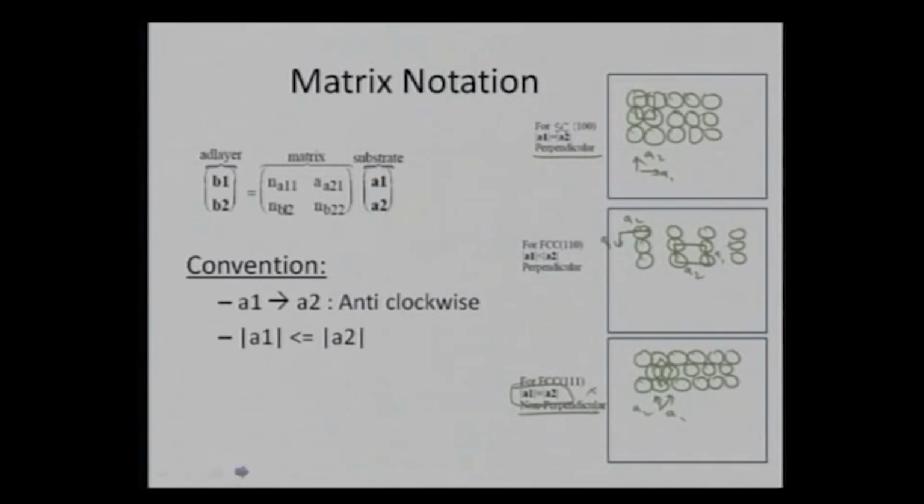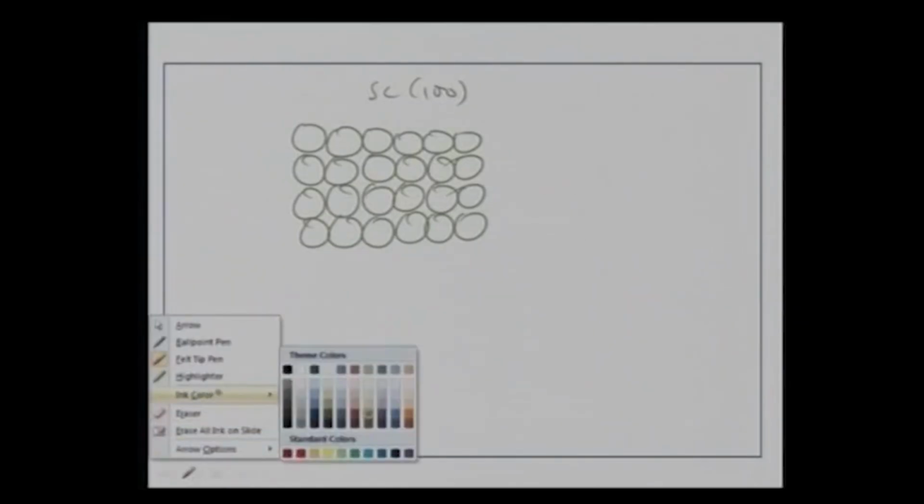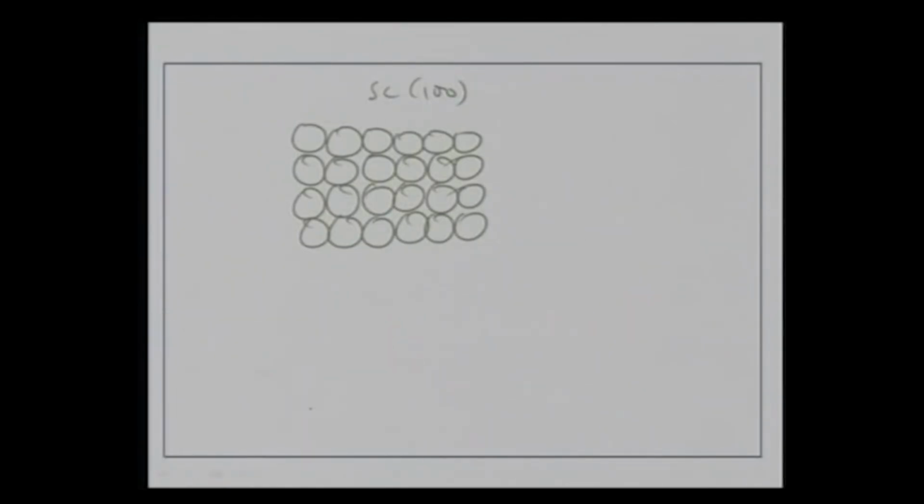So if I take another particular system, I can correlate the Wood's notation and the matrix notation more like this. I am just defining my initial substrate. So let my substrate be a simple cubic 100 surface, and if I go back and take my adsorbate species more like this out here, I define it like that.